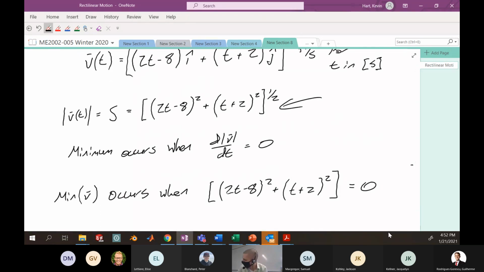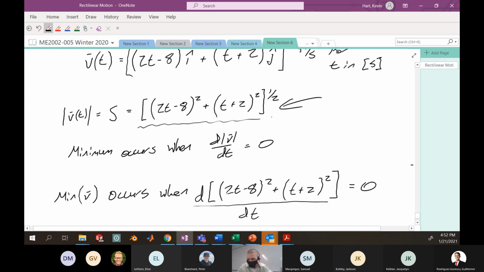Sorry, I want the derivative of this. Okay, because if the speed is this expression, then the speed squared would be this expression to the 1. We all on board with that? Okay, so if I take the derivative of this, I'm still going to minimize the speed. We okay with that? All right.